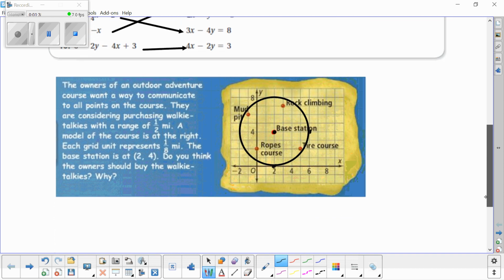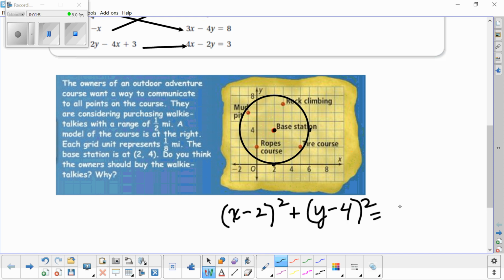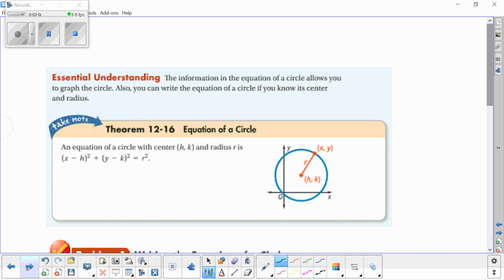So for this one, since the center is at 2, 4, we would do x minus 2 squared plus y minus 4 squared equals, and the radius squared is going to be 16 on this one, because the radius is 4. All right. So that's the equation of a circle that we're going to use.